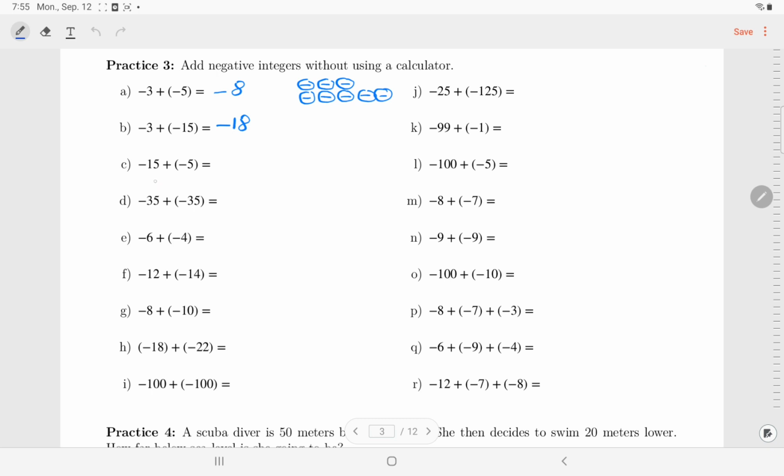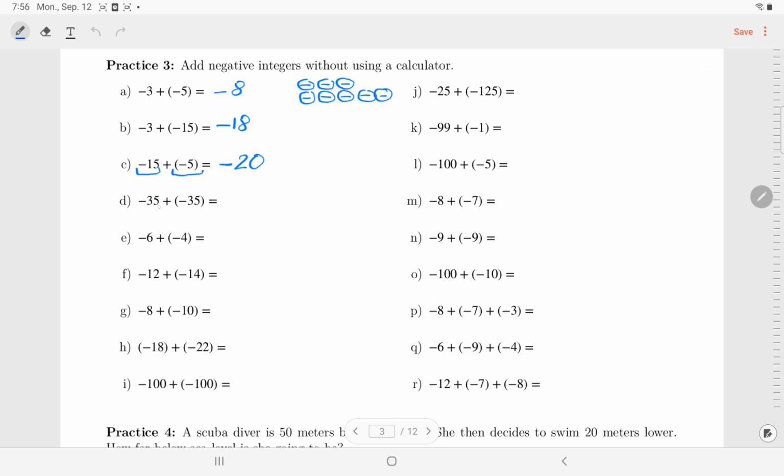Let's try one more. We start with negative 15 and then we add 5 more negative signs. So altogether it's negative 20. Again, 15 plus 5 is 20. Since we're adding two negative numbers, the result is negative.